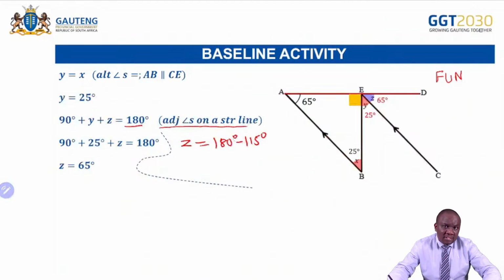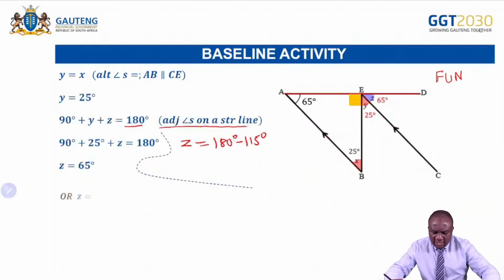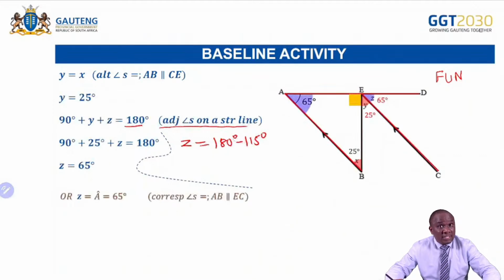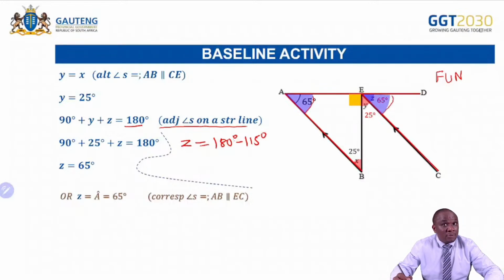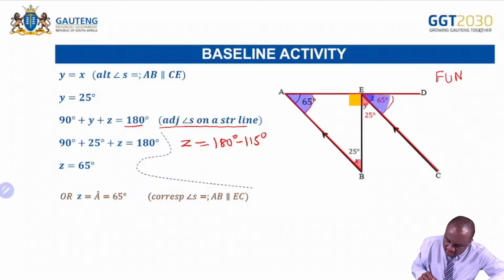Okay? Someone could have said, no, I have these two lines here, AB and EC. They are parallel lines, and then AD is the transversal. So this angle A and this angle are corresponding angles. So it means angle A is equal to angle Z because they are corresponding angles. That's another way of doing it. And then someone can say, oh, this angle also is 90 degrees.